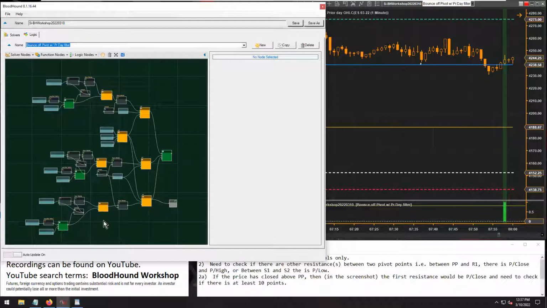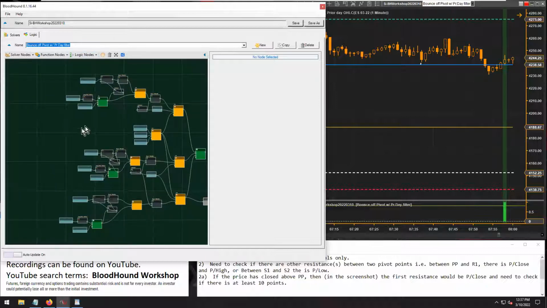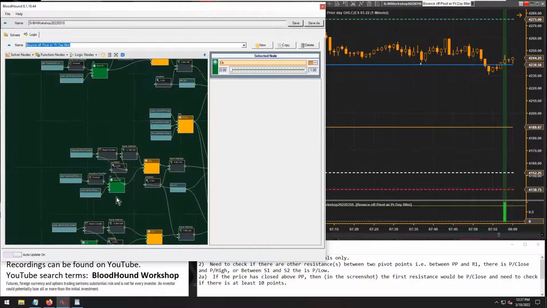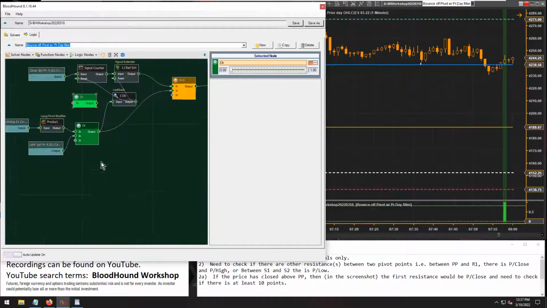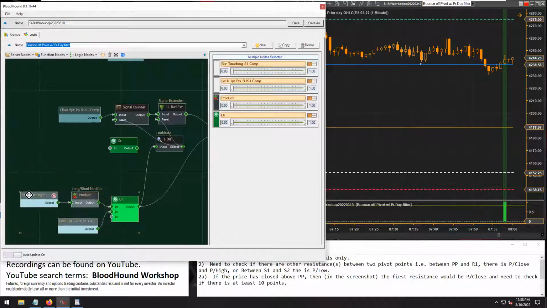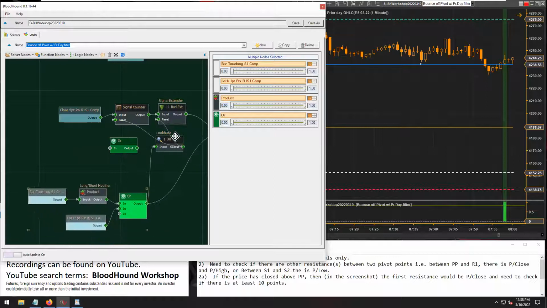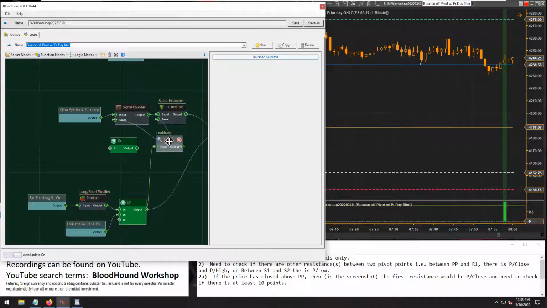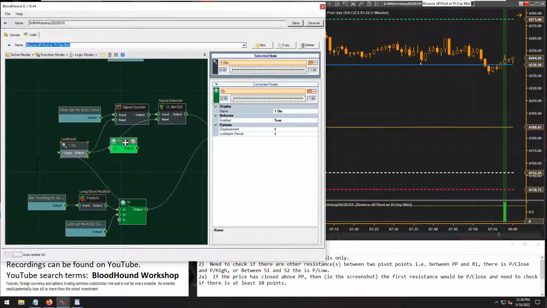Let's actually build that first. All right, I'm going to grab an OR node and bring it down here. Let's pull this out of the way.